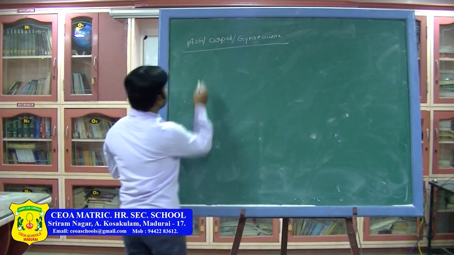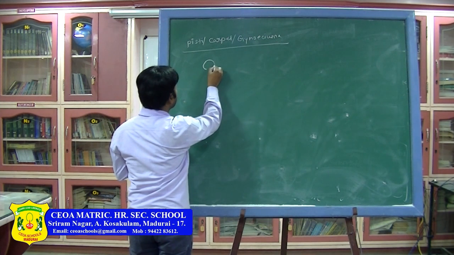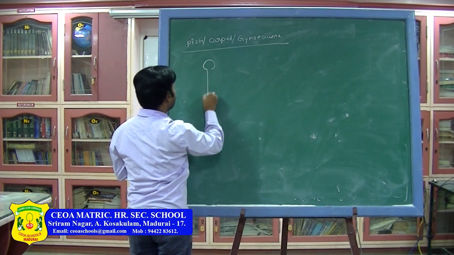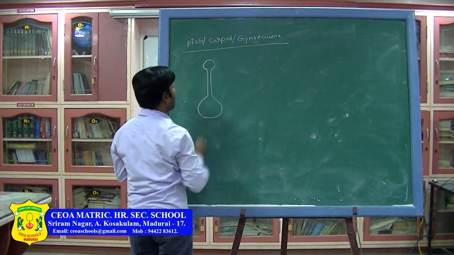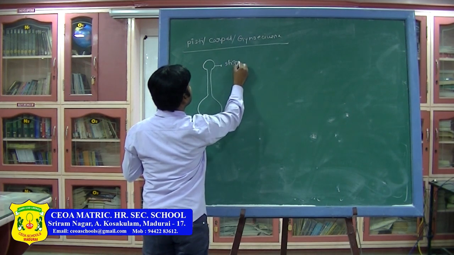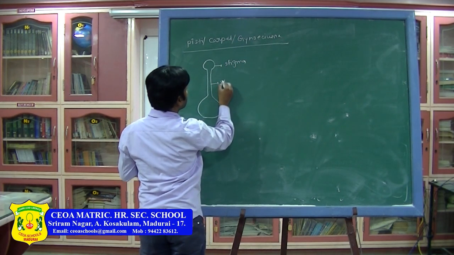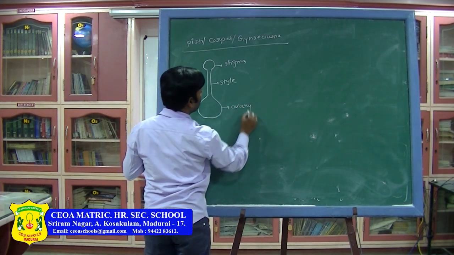When we see the female reproductive part of a flower, I am drawing it now: this is the stigma, this is the style, and this is the ovary.